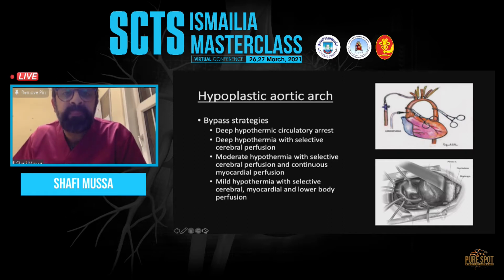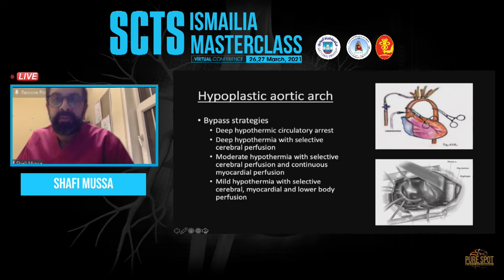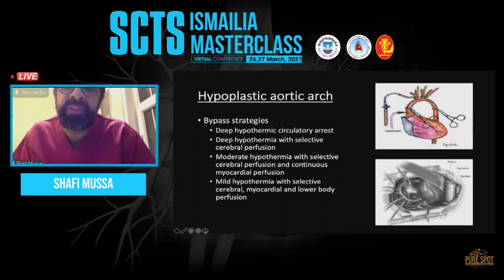Subsequently to that, surgeons have been using selective cerebral perfusion, so a cannula or direct cannulation of the brachiocephalic trunk, and then aortic inflow into that. So the cerebral circulation is supplied, but with clamping of the descending thoracic aorta.